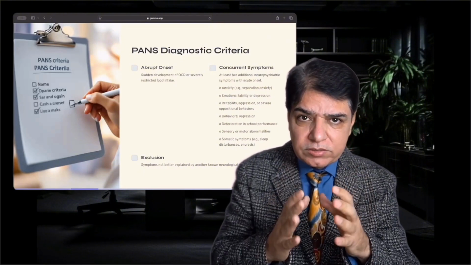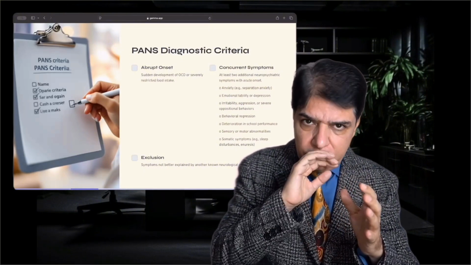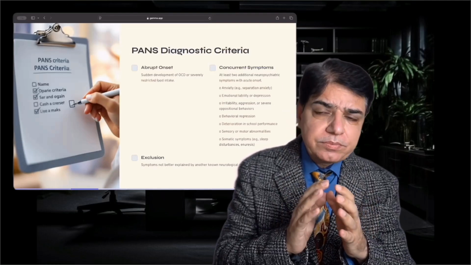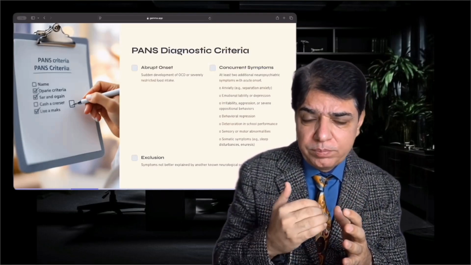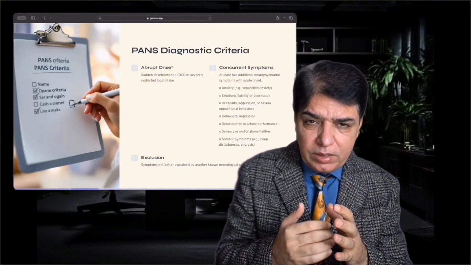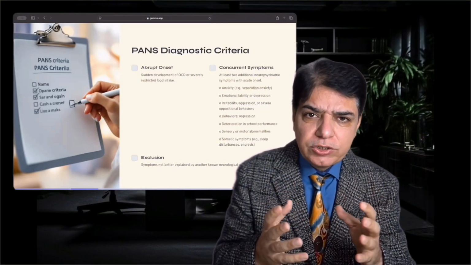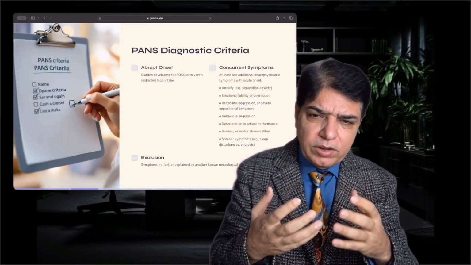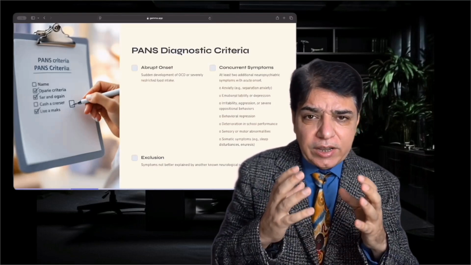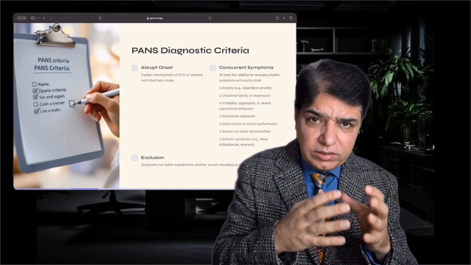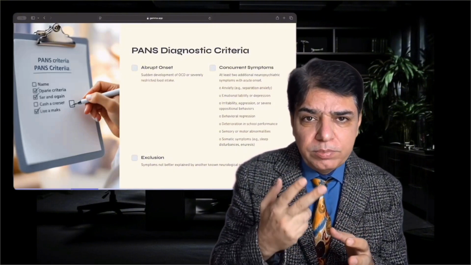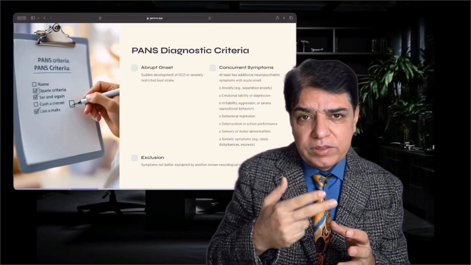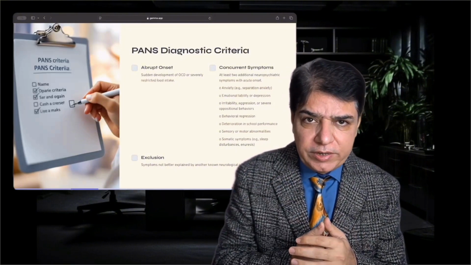Now, with this sudden abrupt onset of OCD or food restriction, there would be a constellation of different concurrent symptoms. And the diagnostic criteria says that of all these symptoms that you're seeing on the screen, at least two should be present along with this abrupt onset of OCD or severely restricted food intake.